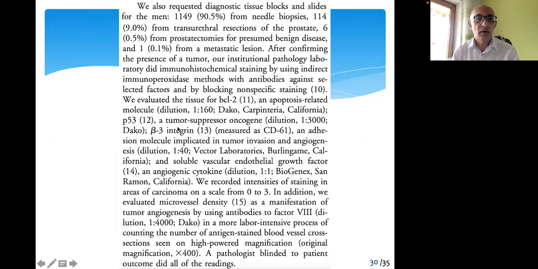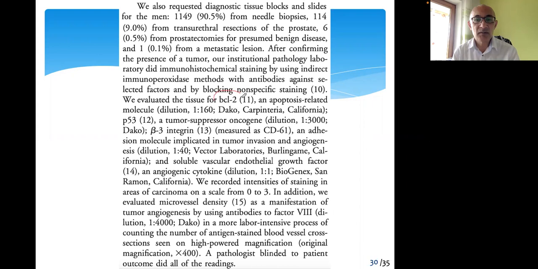Okay. Further, in the methods, they mention we also requested diagnostic tissue blocks and slides for the men. So they have also revised the pathological diagnosis from the needle biopsies. And which kind of markers they have measured.